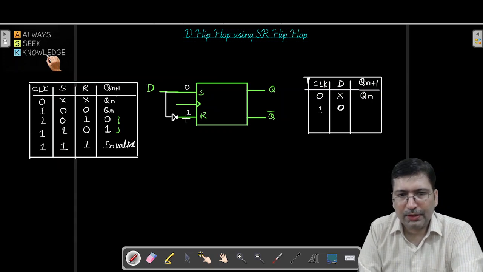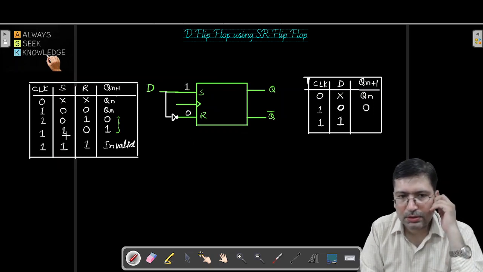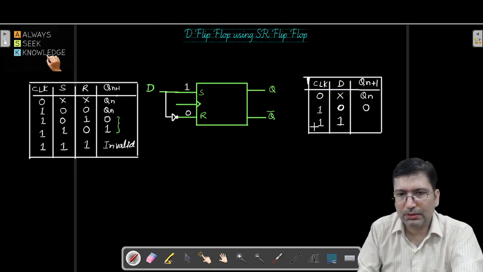So in the scenario 0 1, it will generate 0, as per the truth table of SR. Let's consider the other case when D is high and clock is also high. Then R will be low. So this is the third scenario, 1 0. In 1 0, it will generate 1.